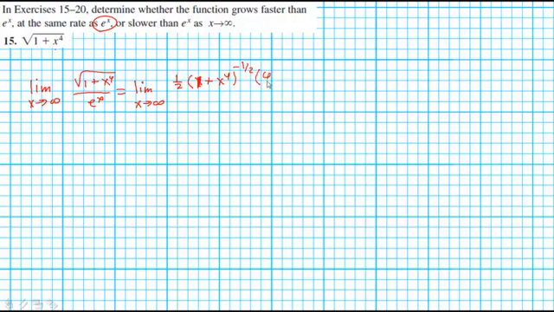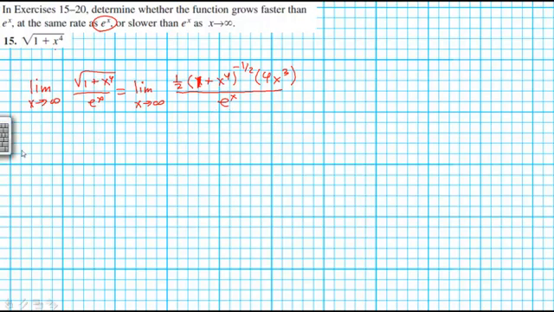And I see what I'm going to get is a really big mess here. And this is all over the derivative of e to the x, which is just e to the x. And the more I look at this, the more I'm thinking there's a better way to do this problem.